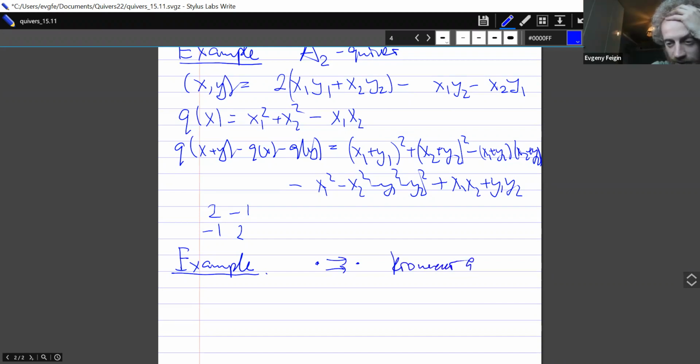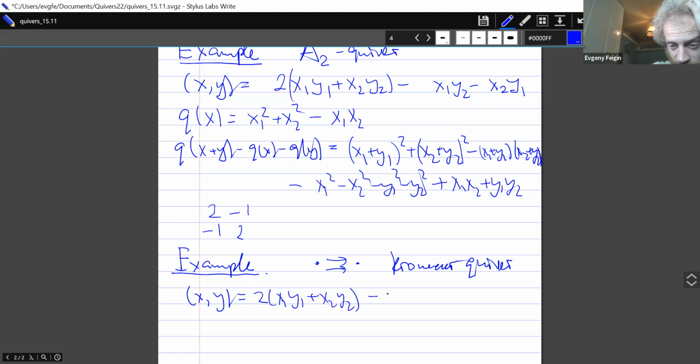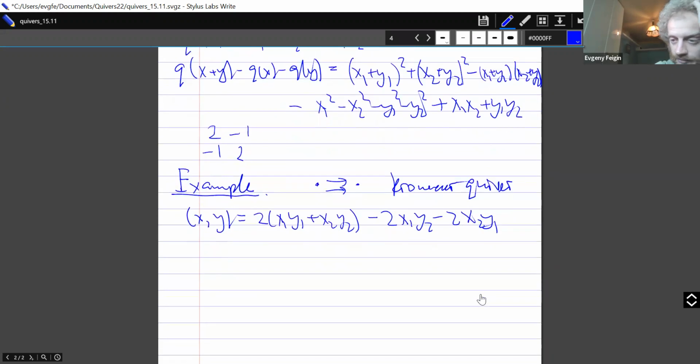Now our xy is twice x1y1 plus twice x2y2, and then we subtract twice x1y2 and twice x2y1.